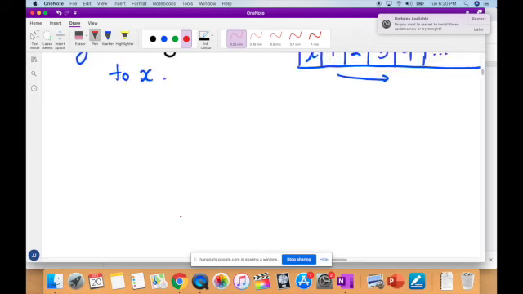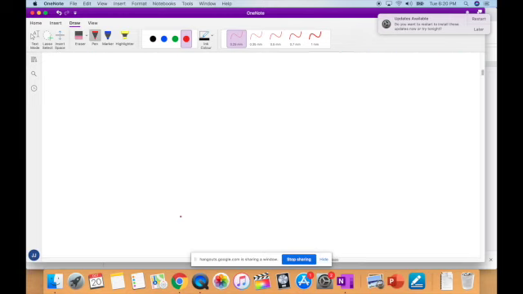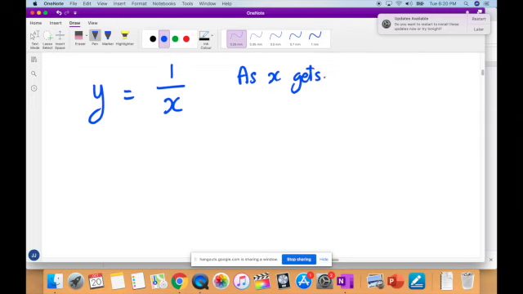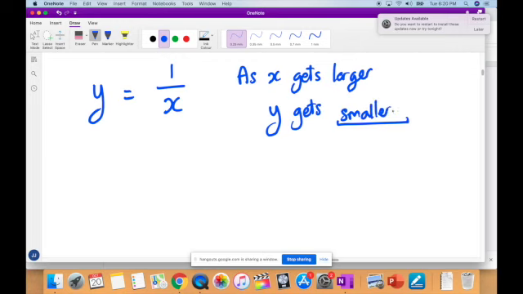So we come in again. If I have y is equal to 1 over x, now, as x gets larger, y gets what? Smaller. Y will get smaller. And if you want to know how, just do a table.